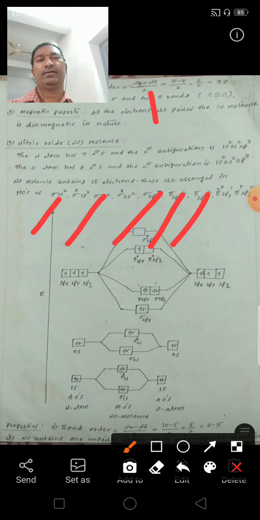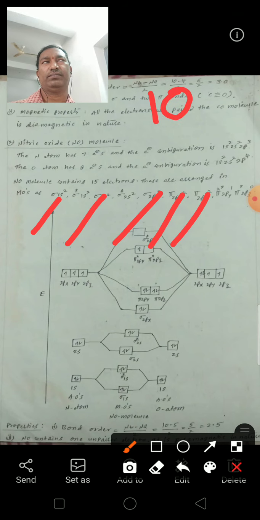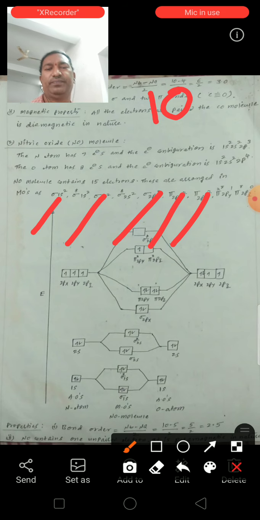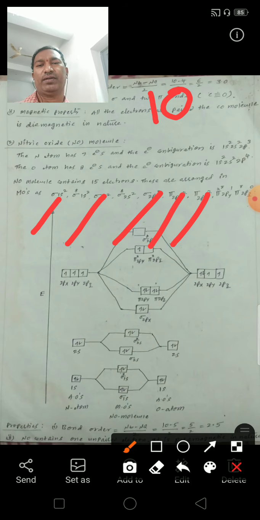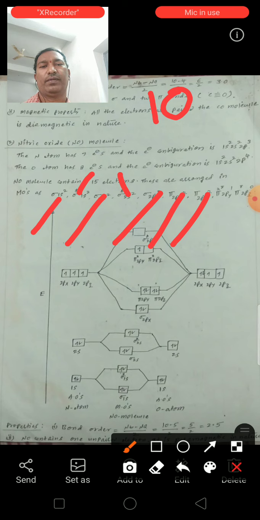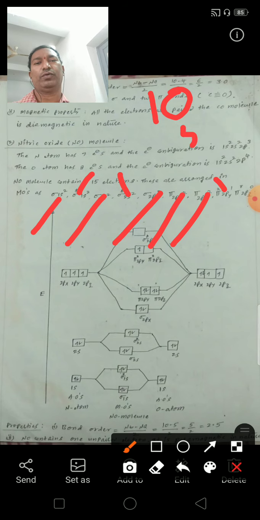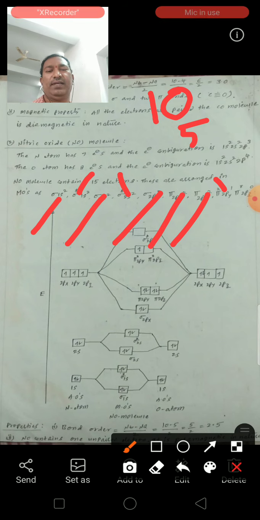Okay, 10 electrons in bonding molecular orbitals. Next, antibonding molecular orbitals: 2 plus 2 is 4, plus 1 is 5.